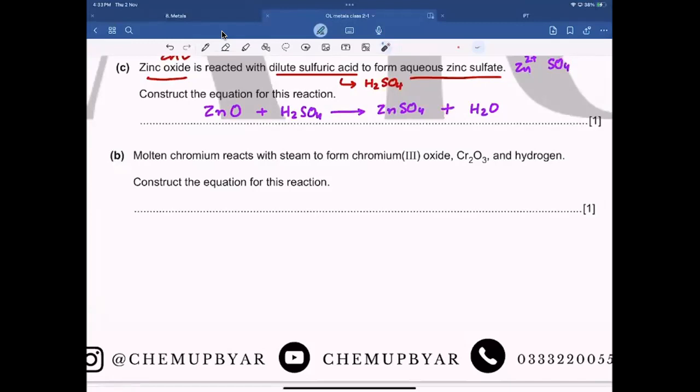No, Cr2O3 is chromium trioxide. And what is steam? Steam is the gaseous form of water. So H2O. And what is this? See, to form chromium trioxide Cr2O3, so it means it is going to be your product.